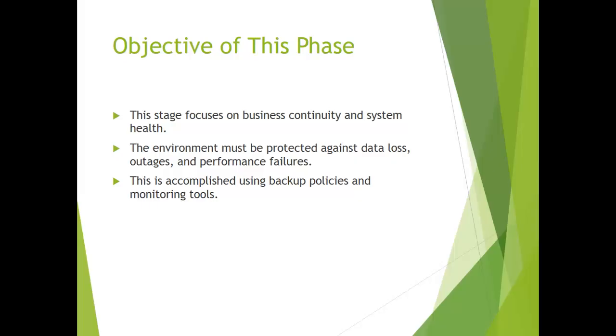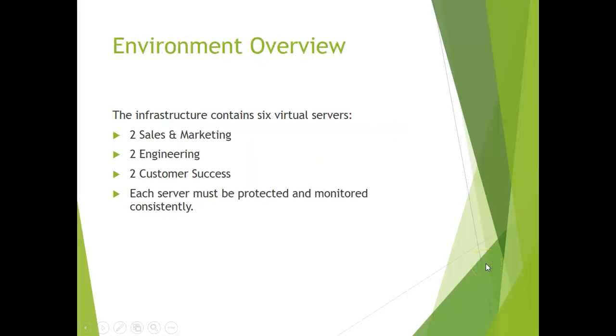To accomplish this, both automated backups and performance monitoring must be implemented. These two components work together to protect the system and maintain reliability. As you can see, this is accomplished using backup policies and monitoring tools.